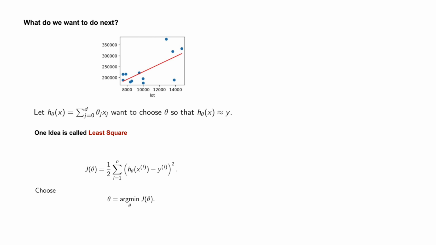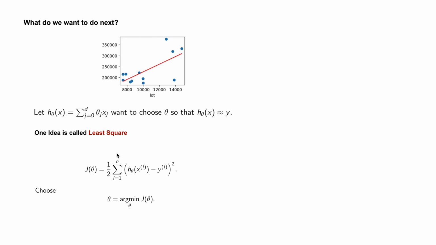So one idea is called least squares. So least squares is this. It's just like whatever our hypothesis returns, we do the minus of the output, and then we square it, and we do this for every training example or every training set.